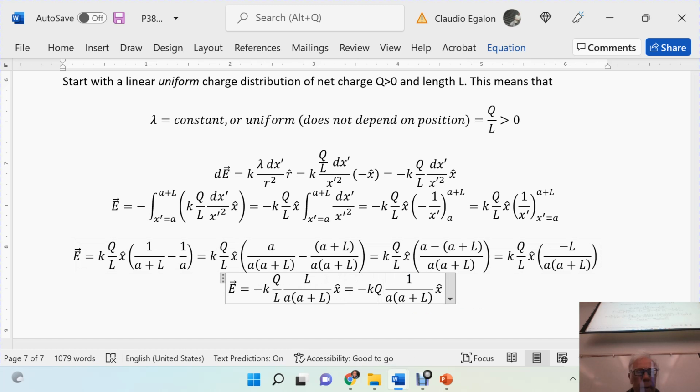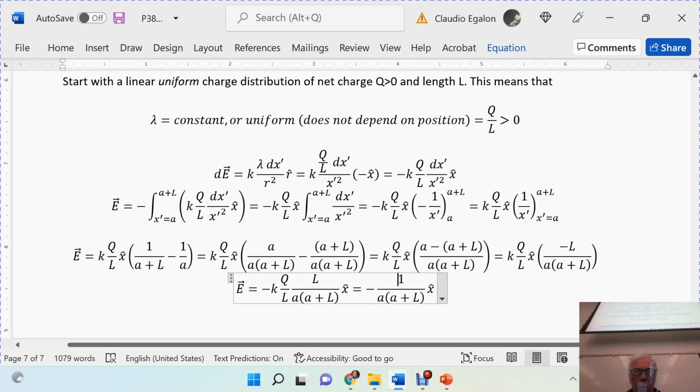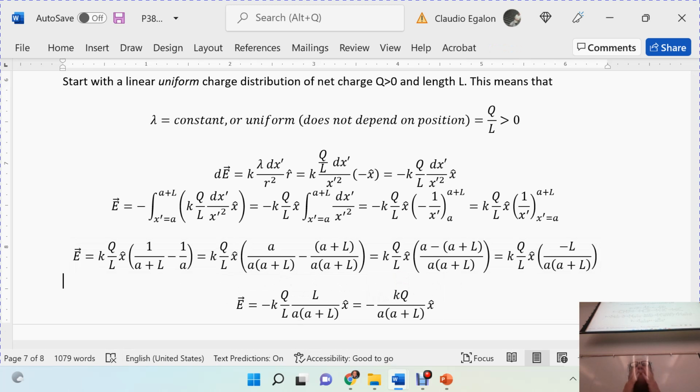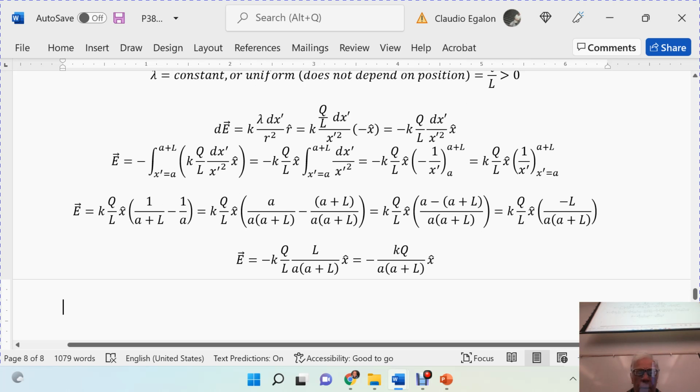Can I do better than that? I don't think so. Here you go. That's what happens with the electric field when the left tip of the rod is a distance a from the origin. Okay?